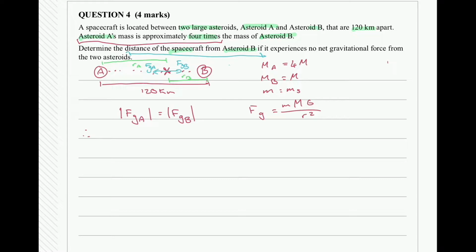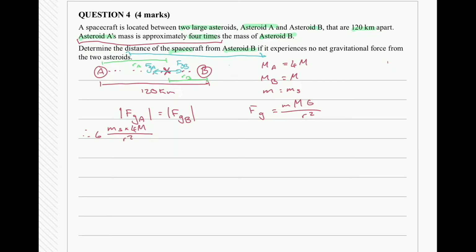So now, our situation, we've said the two forces are going to be equal to one another. So lowercase ms, I'm going to put the G out the front because G is our gravitational constant. ms multiplied by M, mass of object. So this is going to be for asteroid B, or no, sorry, I'll keep it for asteroid A on the left-hand side, multiplied by 4 capital M divided by r squared.